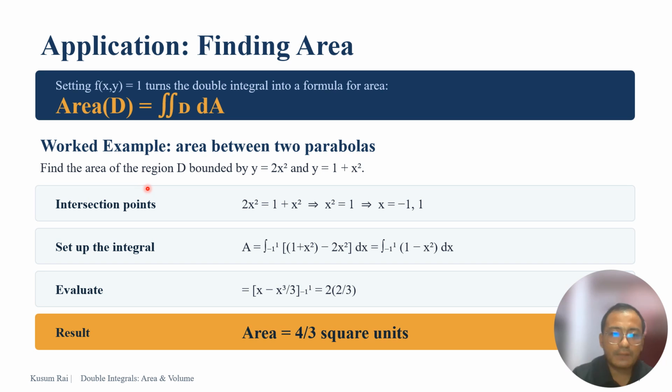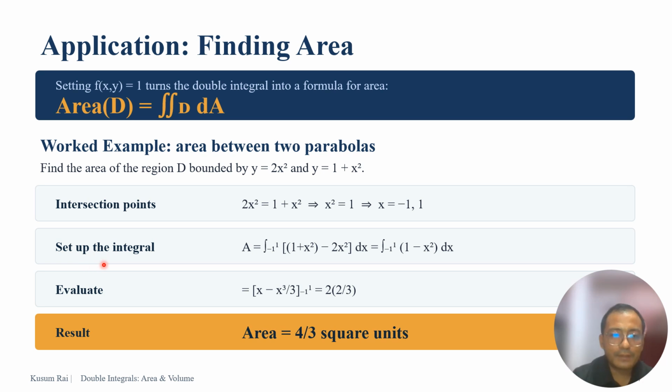Find the area of the region D bounded by y equal to 2x squared and y equal to 1 plus x squared. Now, for the intersection points, after calculating, we get exactly -1 and 1.